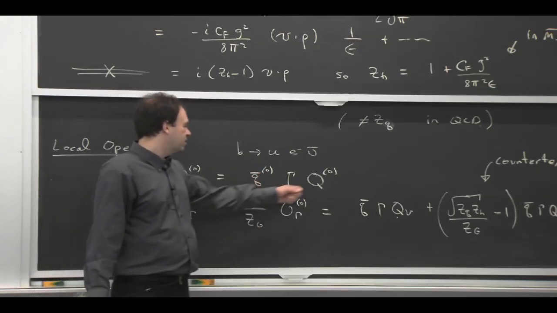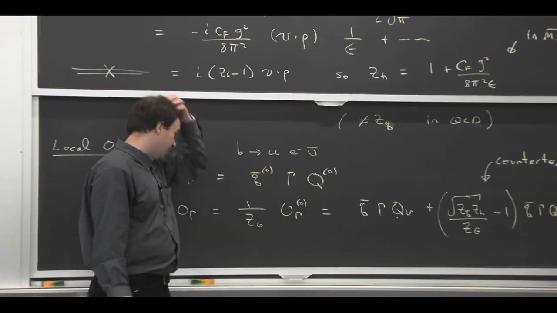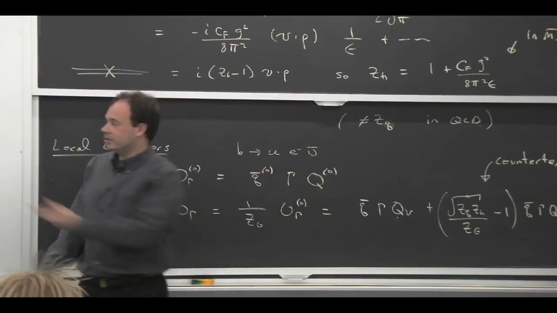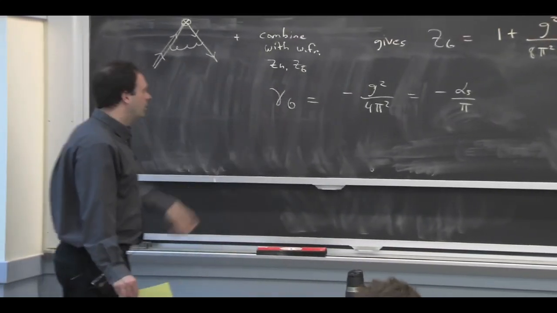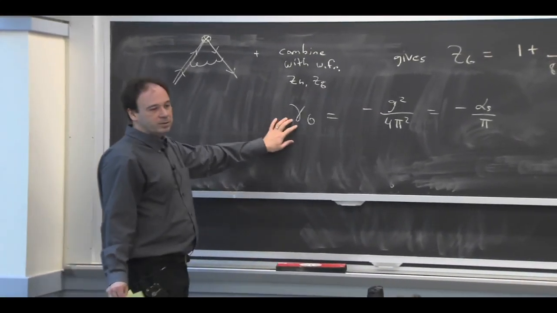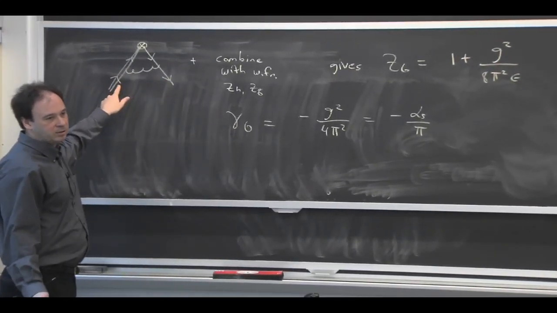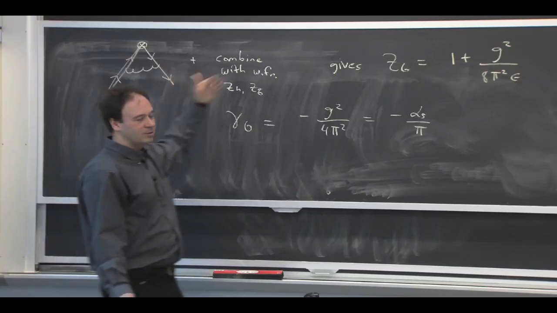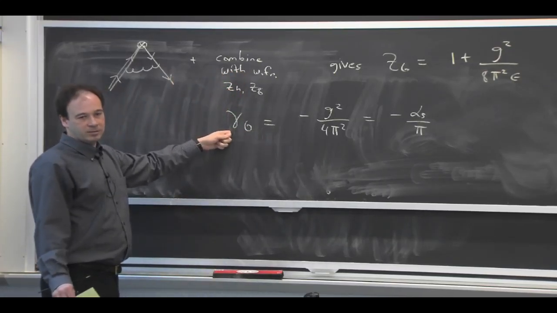And that's because these guys are not equivalent anymore. You saw that the Z for the heavy quark changed, and the vertex graph also changes, and we're left with something. And this remainder has to do with renormalization group evolution below the mass of the heavy quark. Above the mass of the heavy quark, there's no renormalization group evolution of this current. Below the mass of the heavy quark, there is.